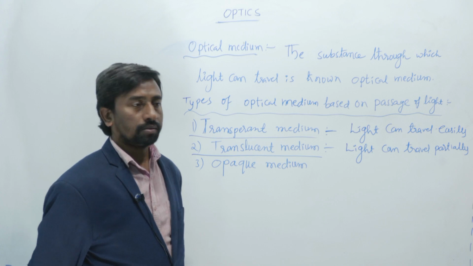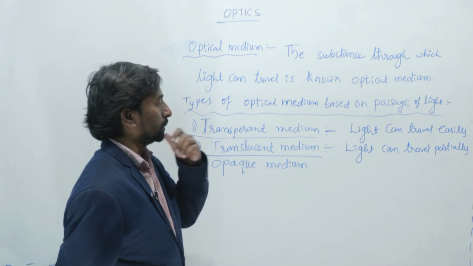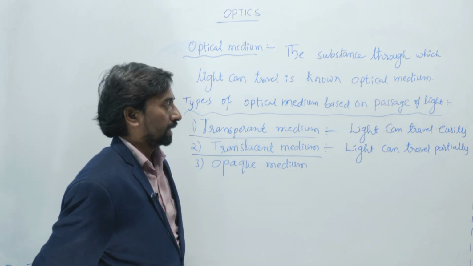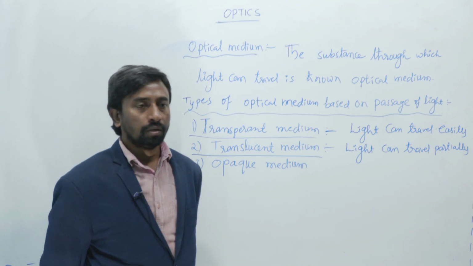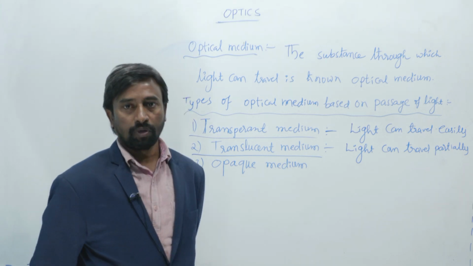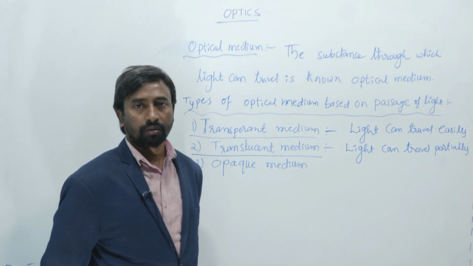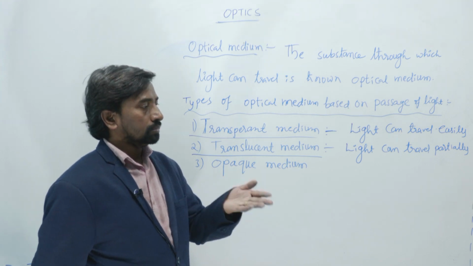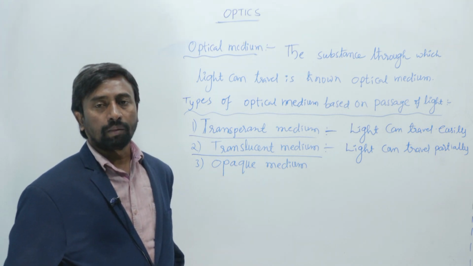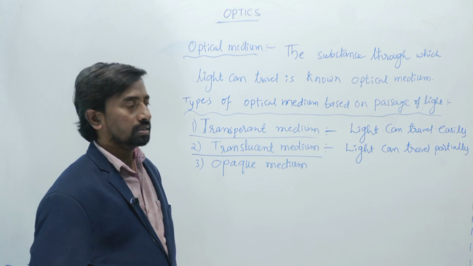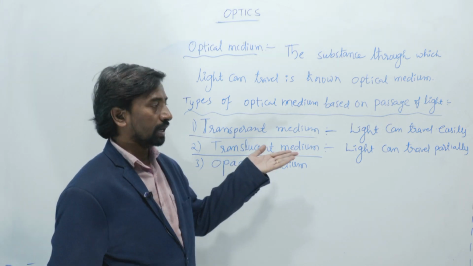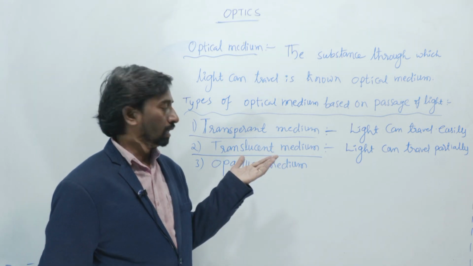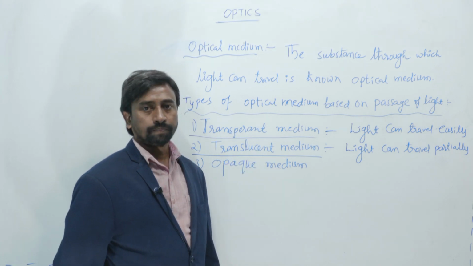In a translucent medium, light travels only partially, so we cannot see the objects behind it fully. The total light energy cannot travel, so we cannot see the objects behind it.